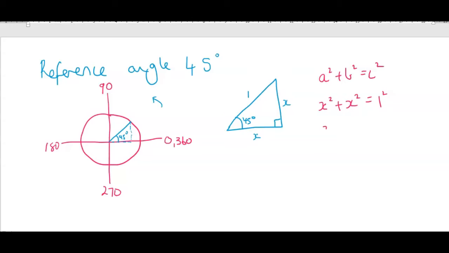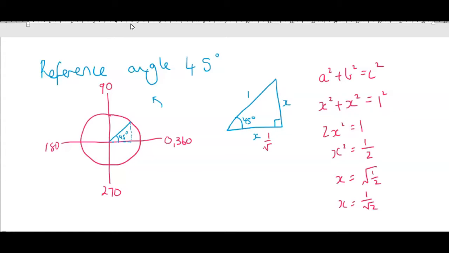So I've got 2x squared equals 1. Then x squared equals, if I divide both sides by 2, a half. And then x on its own, we're going to take the square root. So the square root of a half gives me 1 on root 2.